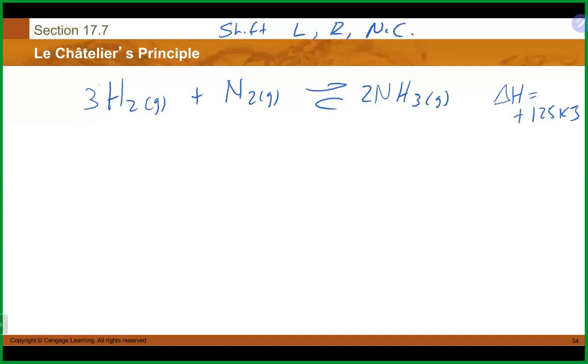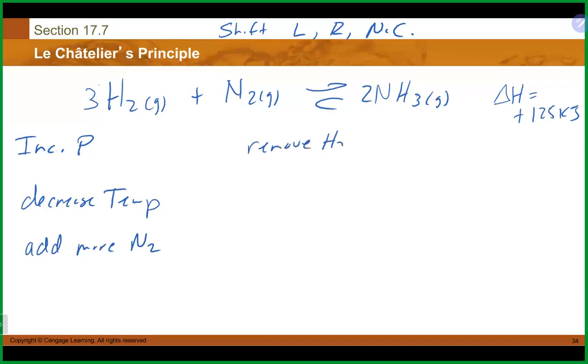If I do the following: I increase the pressure, I decrease the temperature, I add more N2, I remove H2, I increase the volume, I increase the temperature, I add a catalyst.